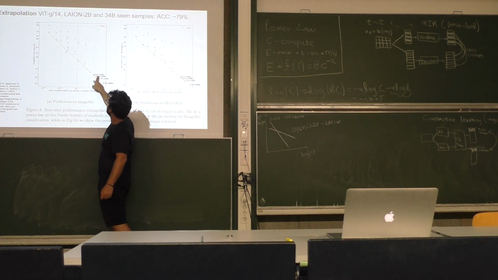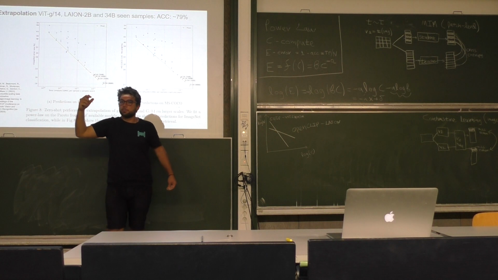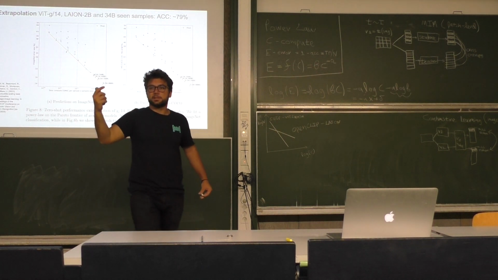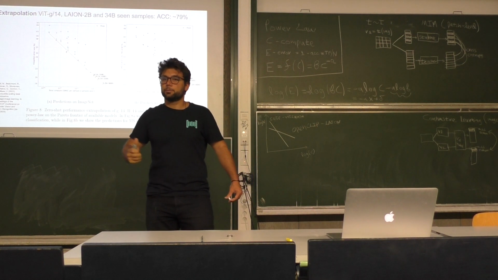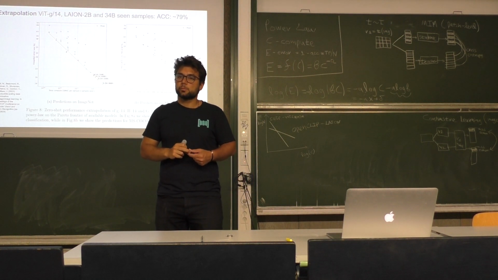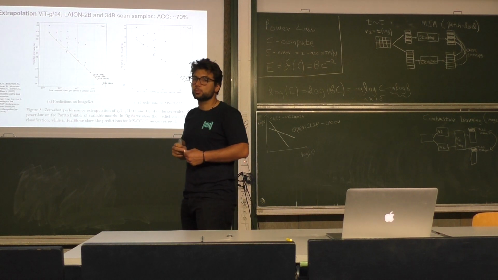This is for 34 billion samples seen by the model. And then we can predict how much better the model will perform on ImageNet or the ImageNet robustness subsets.